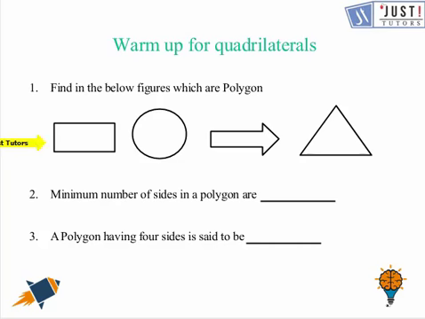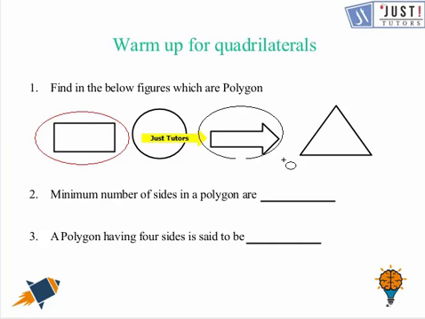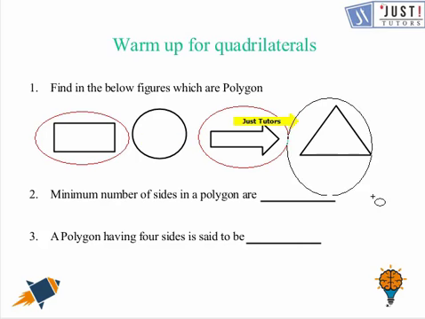That's a rectangle. So that's closed and made up of line segments. That's a polygon. Coming to the circle, though it is a closed shape, it is not made up of lines. Coming to this one, yes, that's a polygon because it is a closed shape and made up of line segments. And same applies to this triangle, closed and made up of line segments.